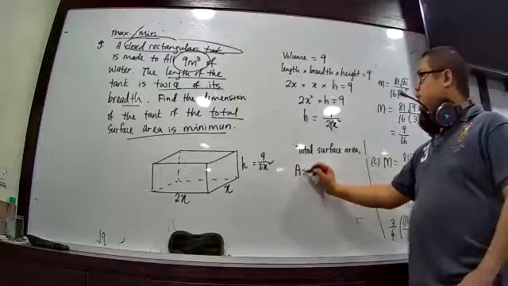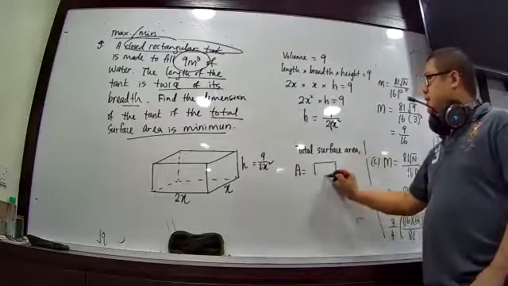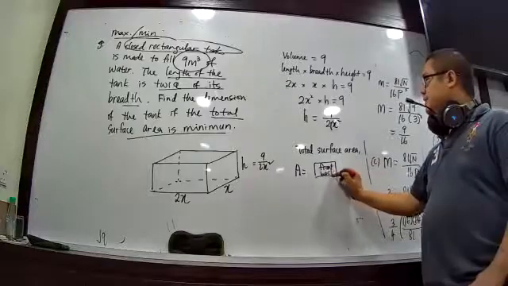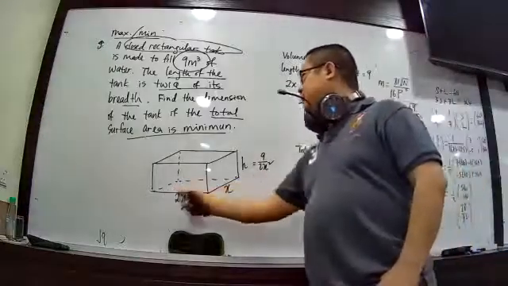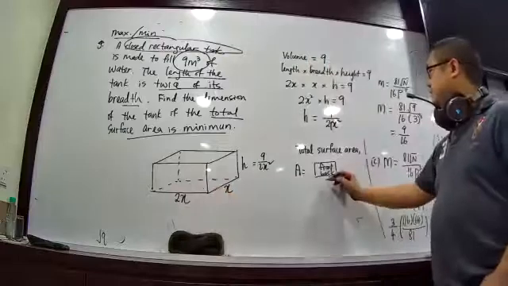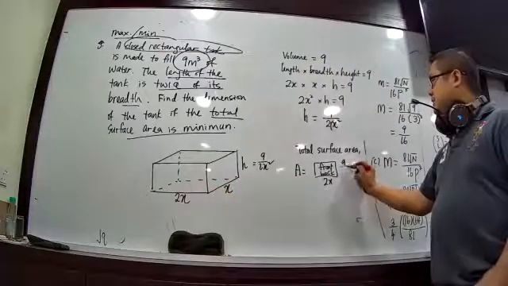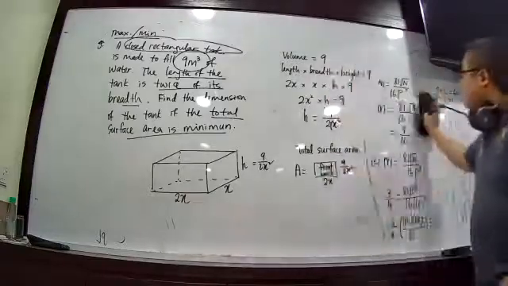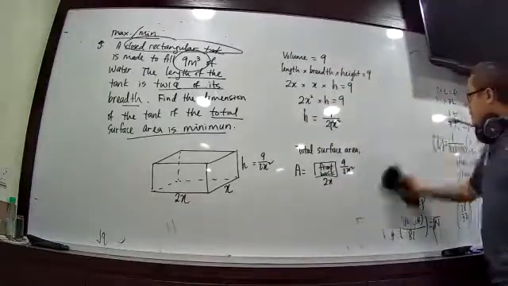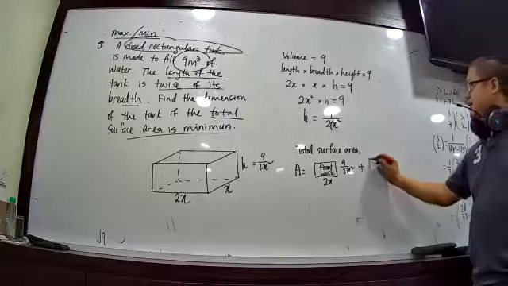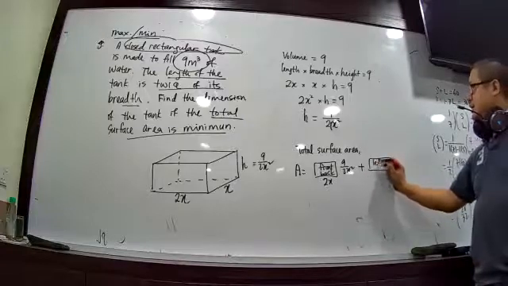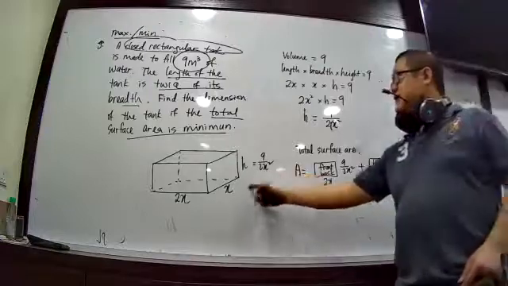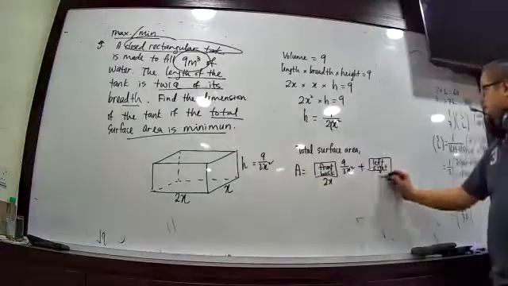So A equals, I know that for the front and the back, I have two faces. For the front, 2x and the height is 9 over 2x squared. Plus the left hand side and the right hand side, so I call it left and right. This one is x and 9 over 2x.